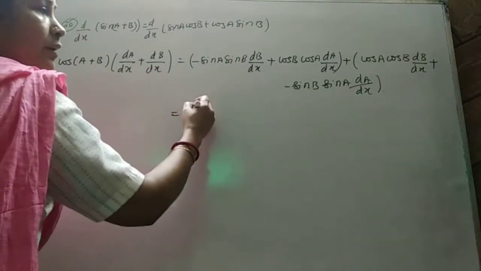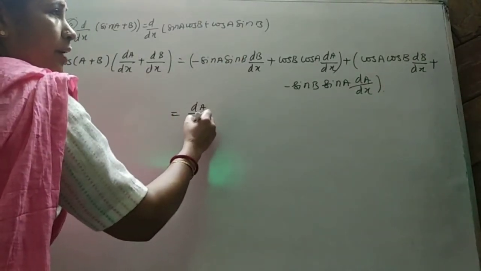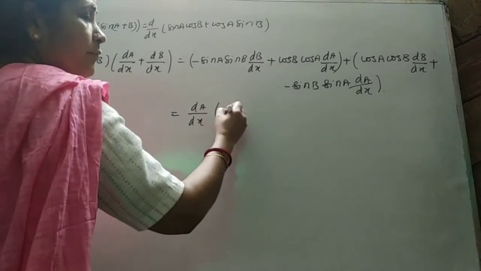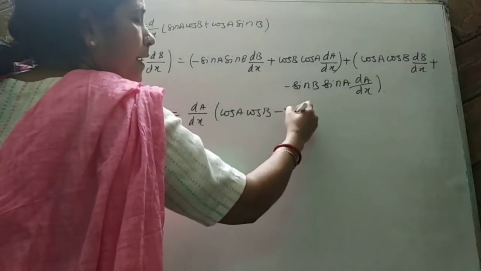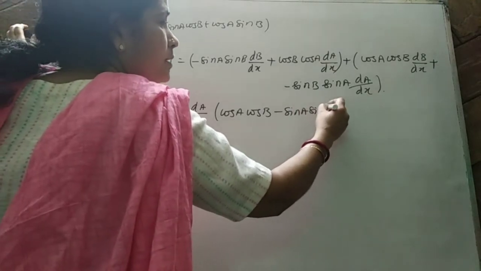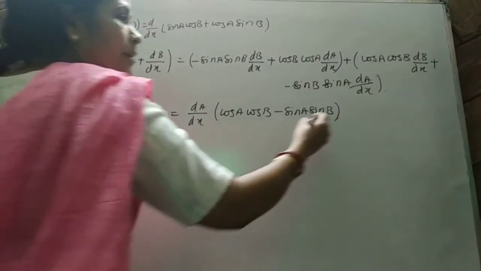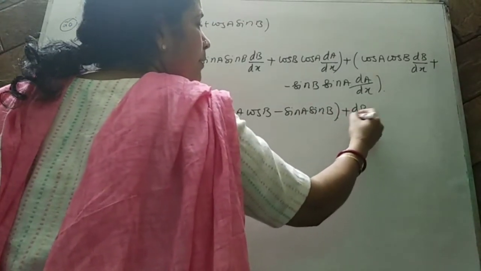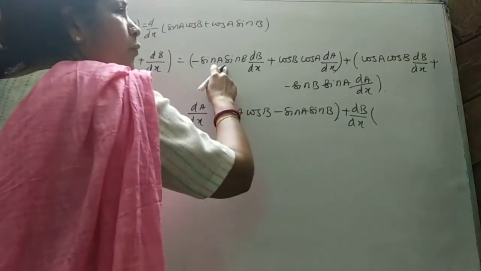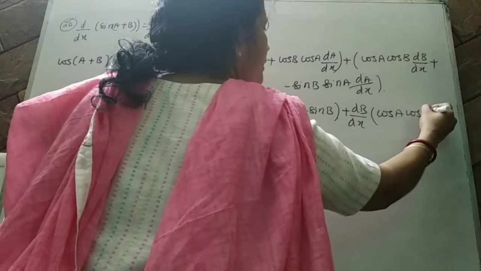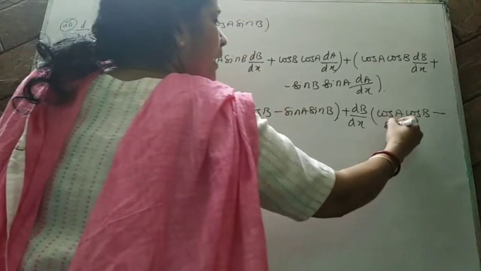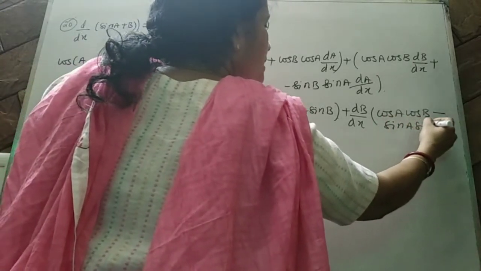This side, I am collecting dA by dx common. dA by dx, if I take, cos a cos b minus sin a sin b. And then if I take dB by dx, we have first the positive term cos A cos B, and then minus sin A sin B.